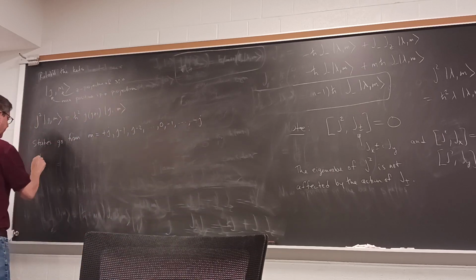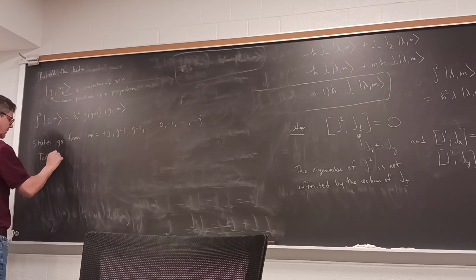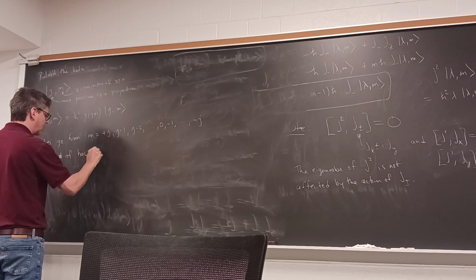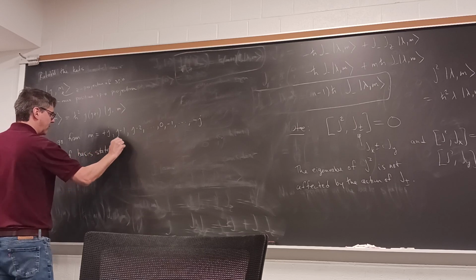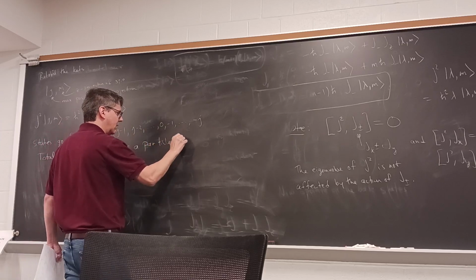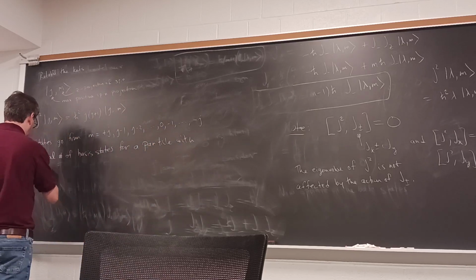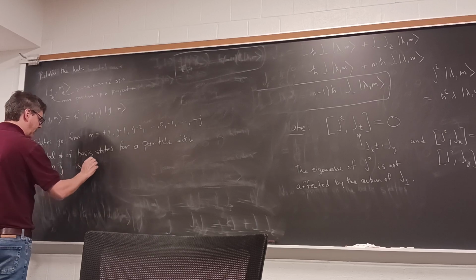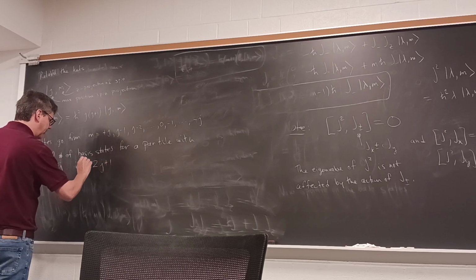So the total number of states for a particle with spin j is 2j plus 1.